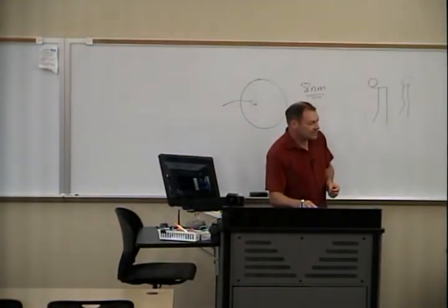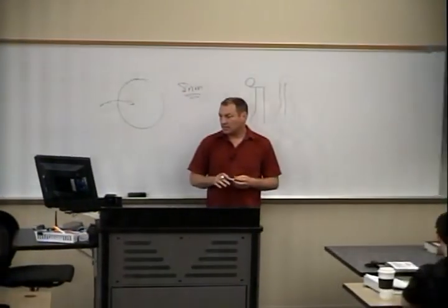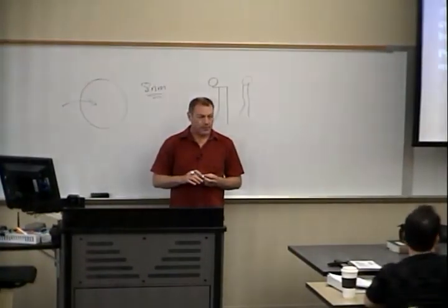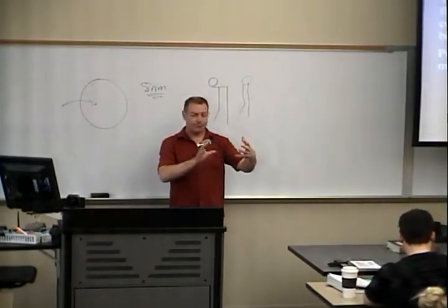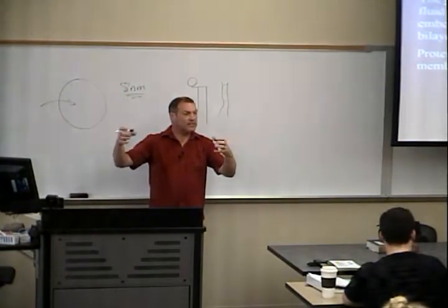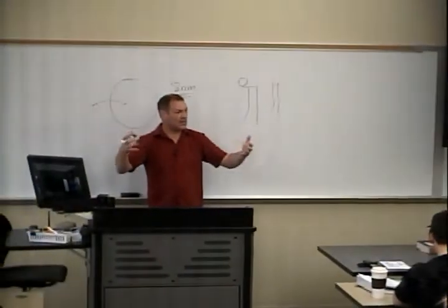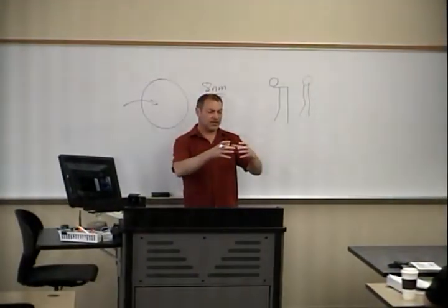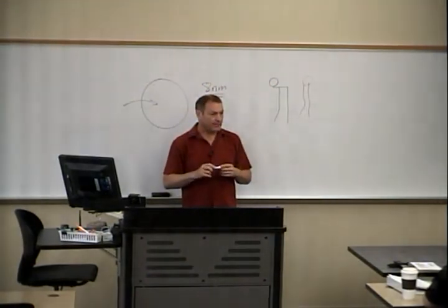Now, the proteins aren't randomly distributed in the membrane. Okay, so they can be concentrated into areas, they can be next to one another. So it's not random. There are very specific ways in which they're organized within the membrane.